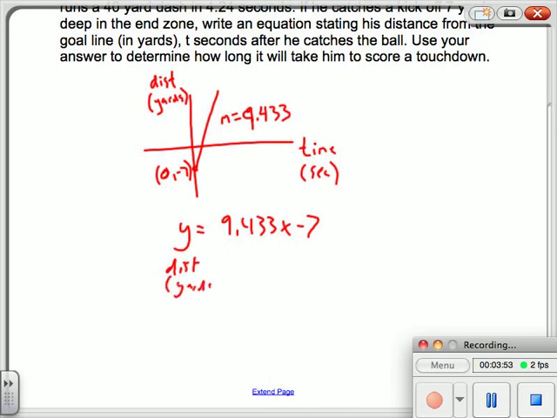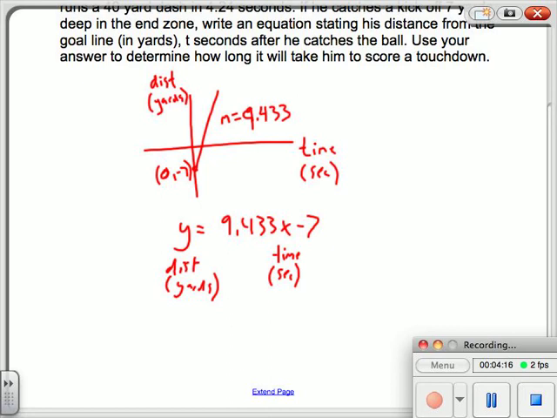And our x value is going to be our time in seconds. So I think this pretty clearly writes the equation as a distance from the goal line, again realizing that we're starting 7 yards deep in the end zone, so writing that equation in terms of t seconds.